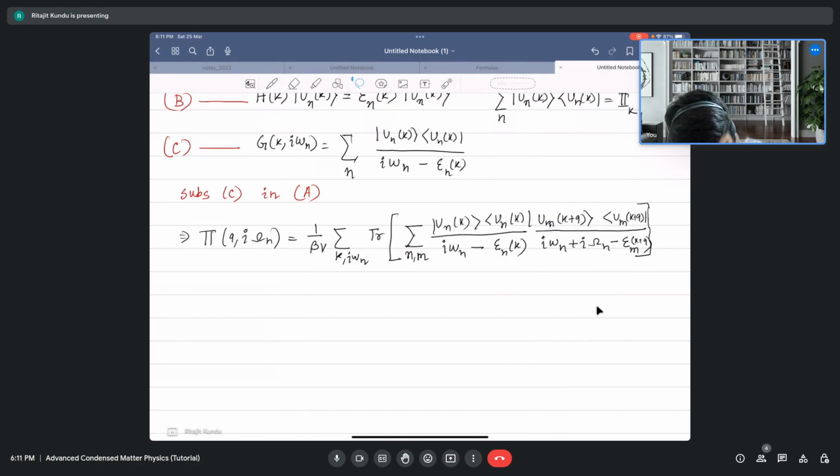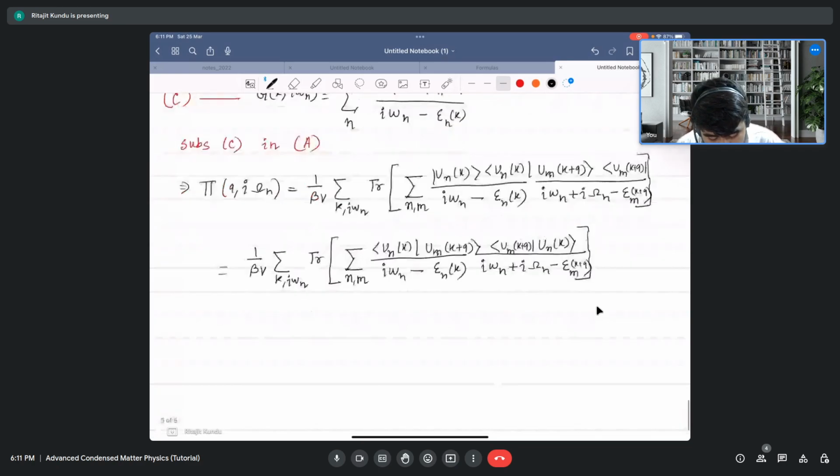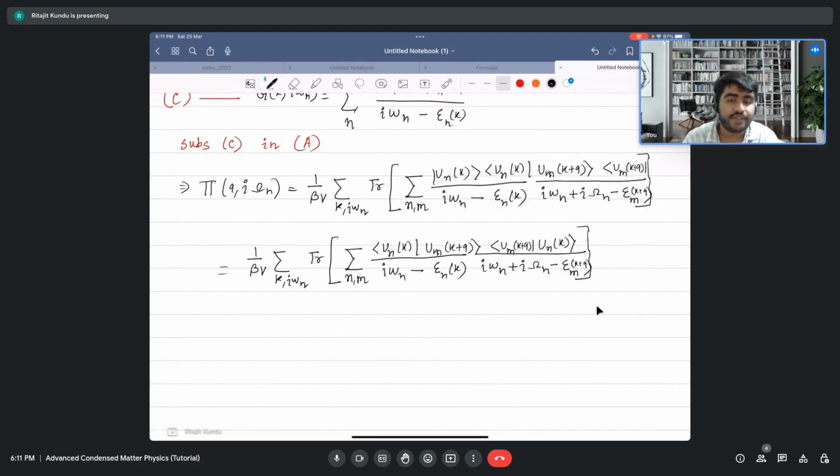So I'll use the cyclicity and take that to the other side, and I'll write u_nk here. After doing this cyclicity, we see that all of these things are actually scalars. There is no matrix left here, and the trace of a scalar is just the scalar itself, say trace of 5 is just 5. As simple as that, so we'll just remove this trace. There is no trace anymore.